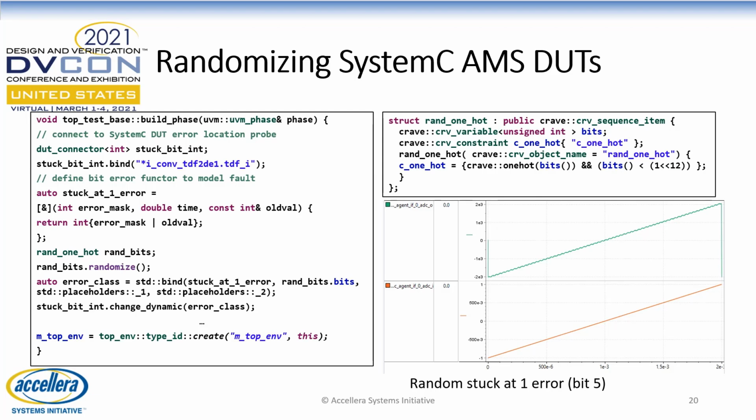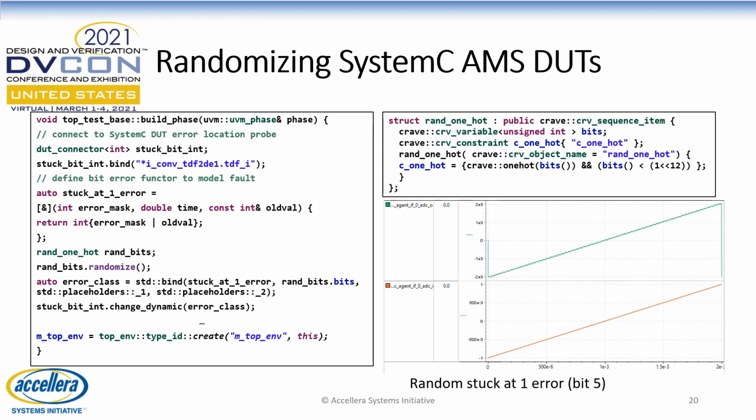In this UVM build phase, we first connect an insertion point for the stuck-at error using a DUT connector object. This DUT connector basically gives us access to a SystemC signal within the SystemC design hierarchy by specifying its name. What we are then doing is we are randomly calculating, using the right-hand side CRAVE constraint, a random bit vector where 1 bit is set to 1.